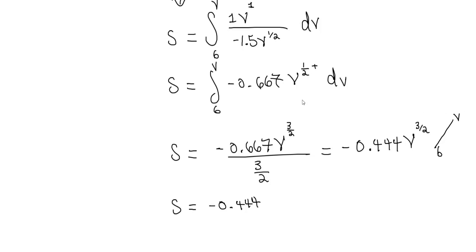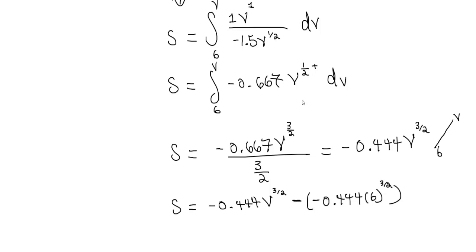We're looking at that final of the bound. So it's going to be v to the 3 over 2 minus, don't forget that minus, the initial, which is the 6. So I take the 6, plug it in for v. So you keep your negative here, 0.444 times 6 raised to the 3 over 2, and close that in parentheses.